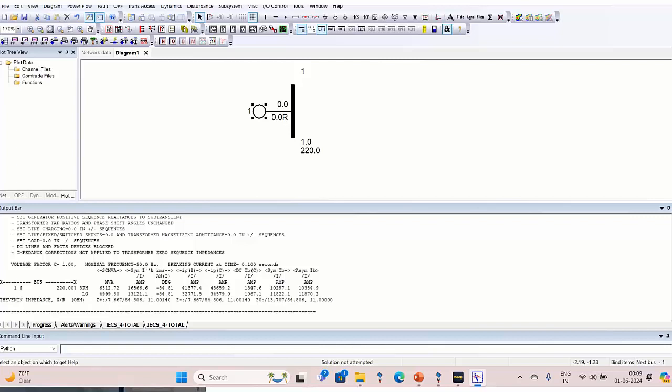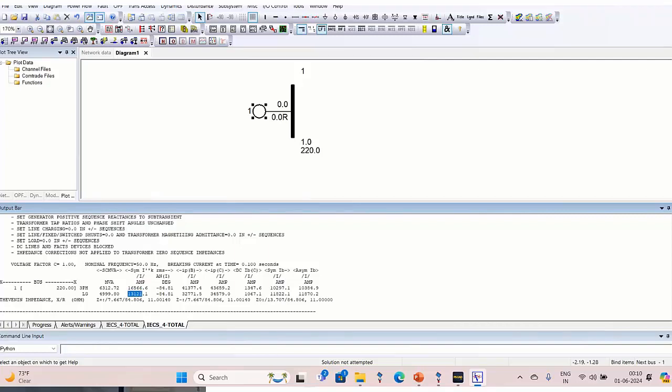So you can see the output. The fault MVA is 6312 for three-phase, approximately 5000 for single line to ground fault, and 16.56 kiloamps for a three-phase fault current and 13.12 for a single phase.